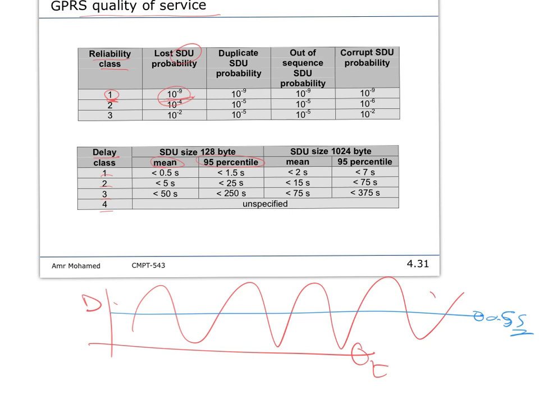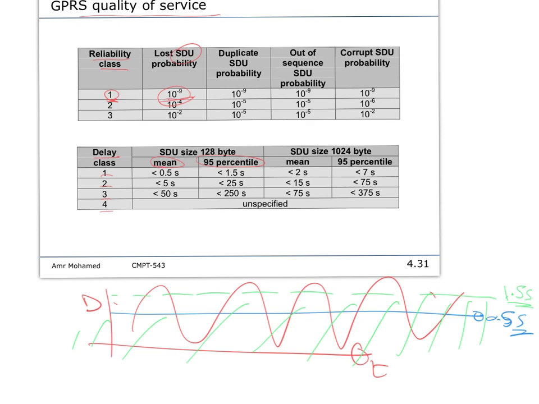The 95% percentile is that if you draw a line like this at 1.5 seconds, then 95% of the time you are below that number. So that also controls the fluctuations and the changes.